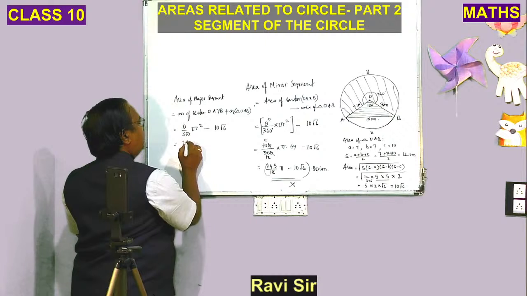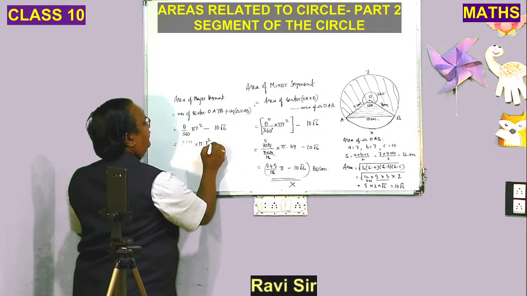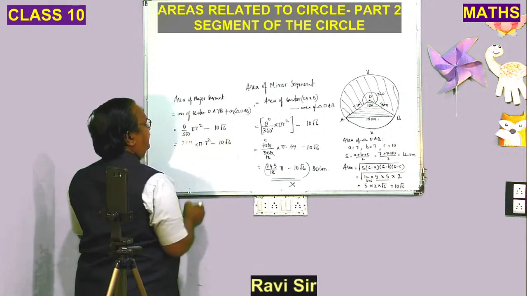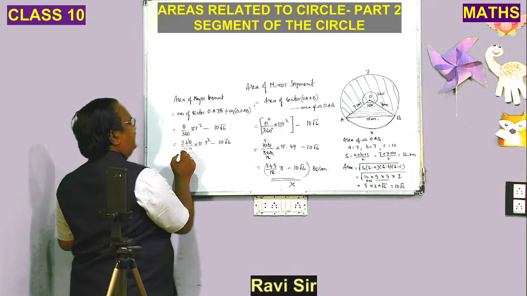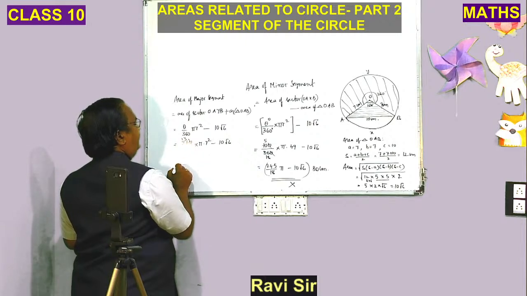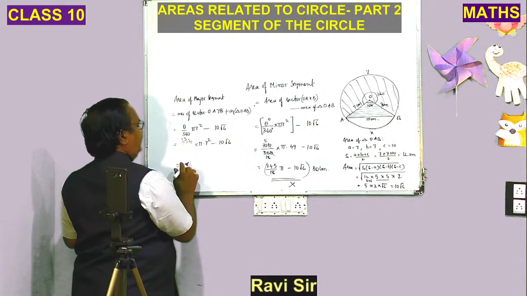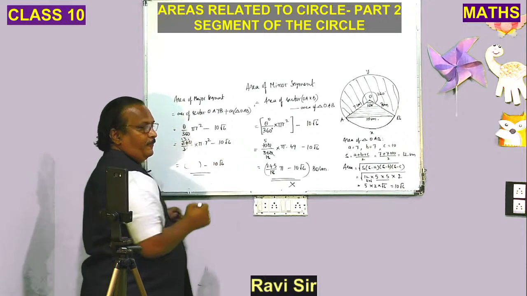So 260 by 360 into pi into 7 square minus 10 root 6. Simplify this. This is the answer.